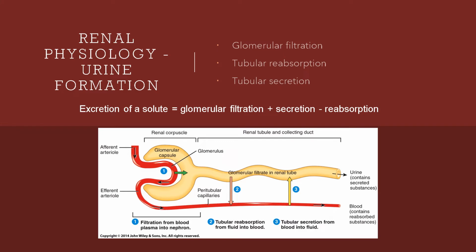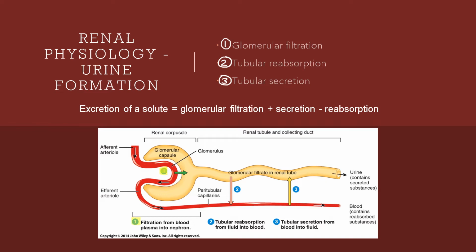To produce urine, nephrons and collecting ducts perform three basic processes. First is glomerular filtration. Second is tubular reabsorption. And the third is tubular secretion. So first is glomerular filtration. This is going to be the first step of urine production, step number 1.